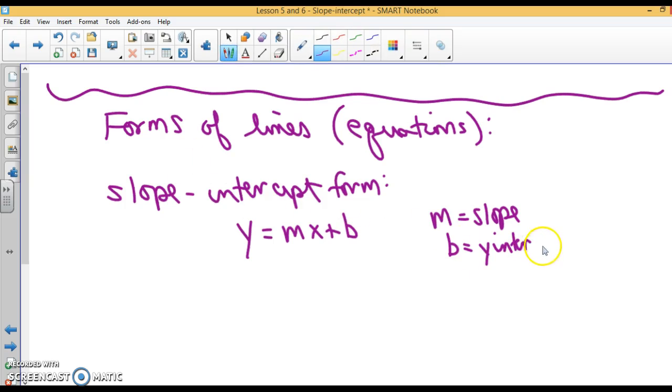Y-intercept. You need to know this. On your formula sheet, the forms are listed, but it will not tell you that m is the slope and b is the y-intercept. Now, the first part of this unit, all we are going to do is slope-intercept form. We will do point slope and standard form later on, and we will add those to your formula sheet.